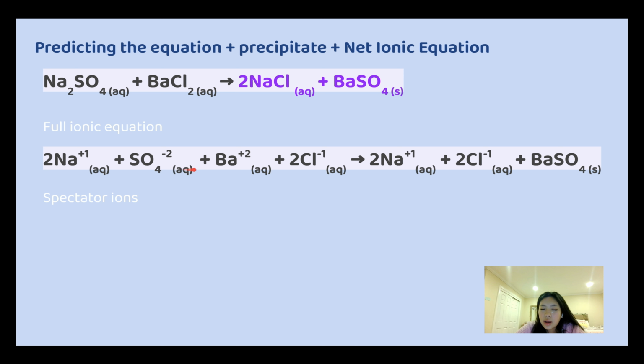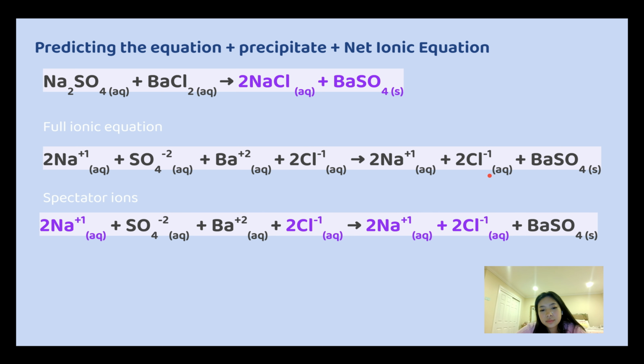Okay, and now let's see. Chlorine here, that's one of your spectators. Cross that out. Now let's look at your net ionic equation. Your net ionic equation is going to be whatever substances create your aqueous or insoluble precipitate.